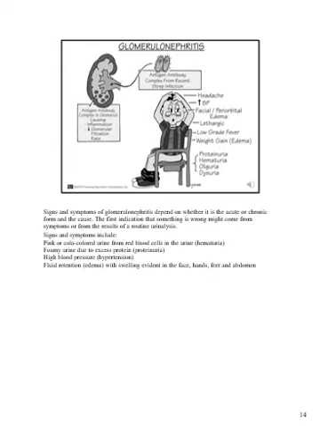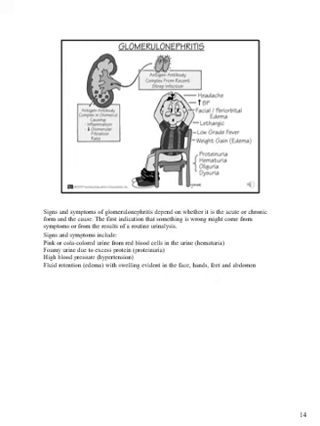Signs and symptoms of glomerulonephritis depend on whether it is the acute or chronic form and the cause. The first indication that something is wrong might come from symptoms or from the results of a routine urinalysis.